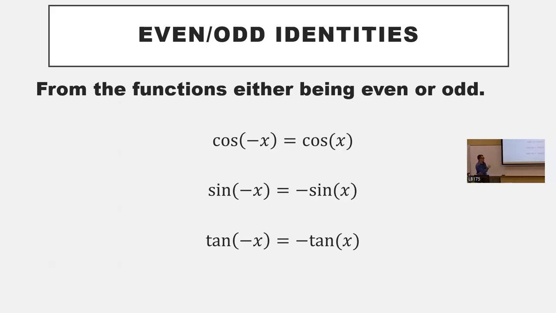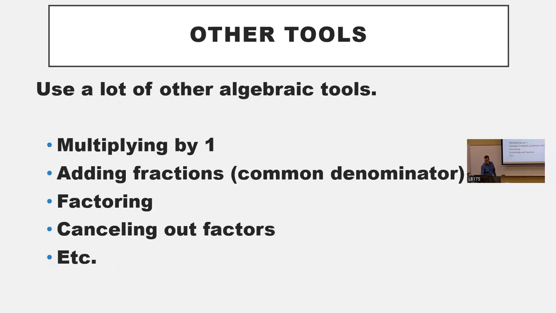So if I put in a negative x and put in positive x, I get the same thing. Sine and tangent are odd. So if I put in a negative x, I get the negative of what I get out when I put in a positive x. Again, these are the even odd identities on those.